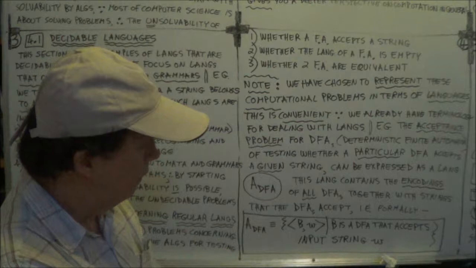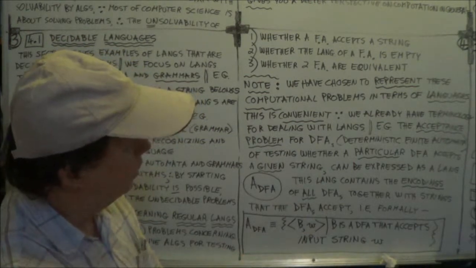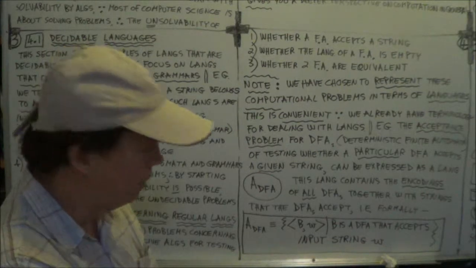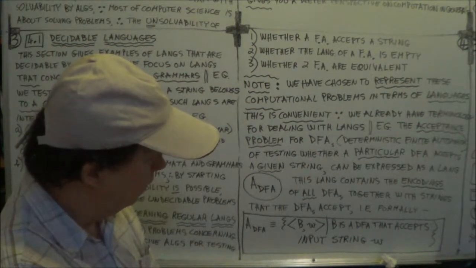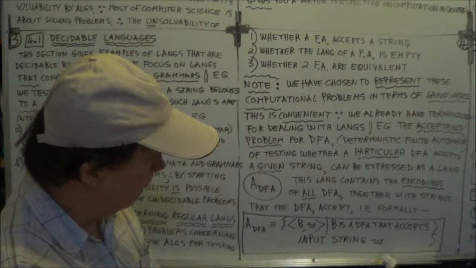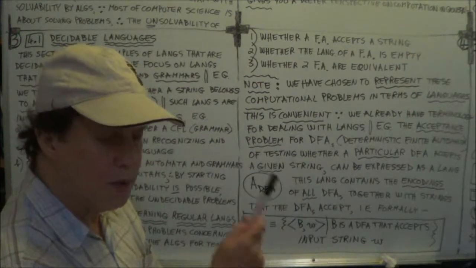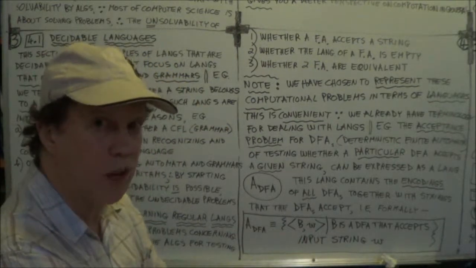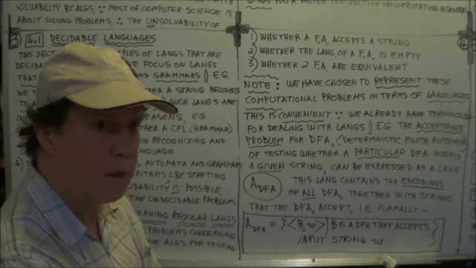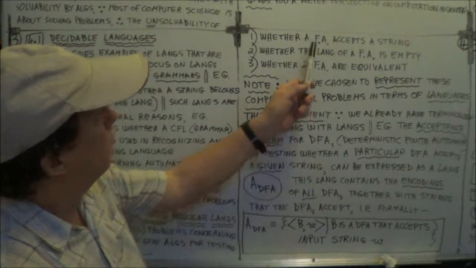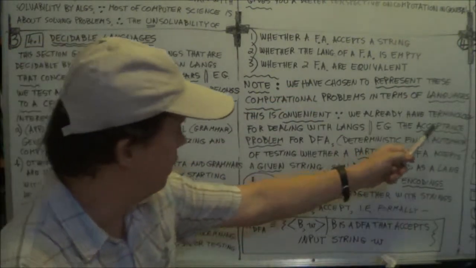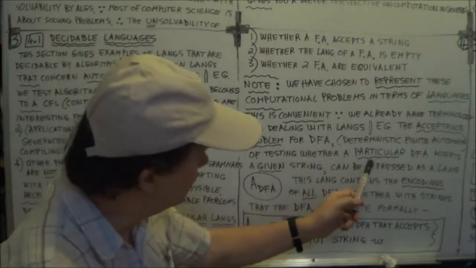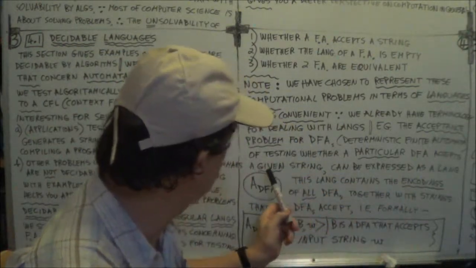Now, are you starting to get a feel for where this argument is going? Let's say we are given a particular machine and a particular string. And the problem is, well, it's the acceptance problem. Will this particular DFA accept this particular string?